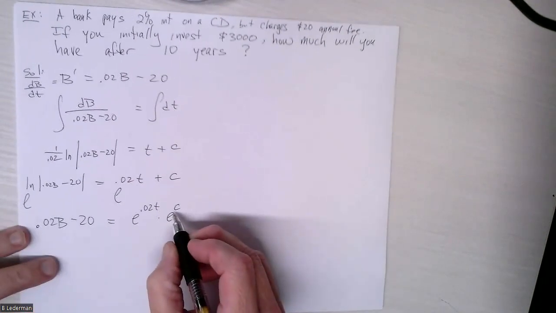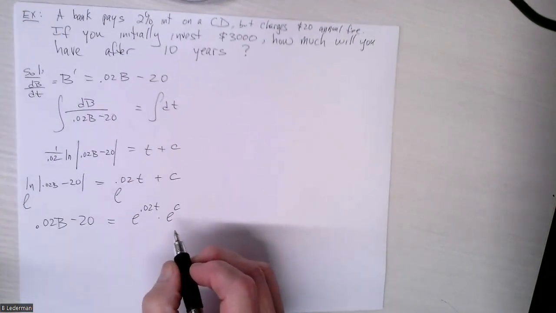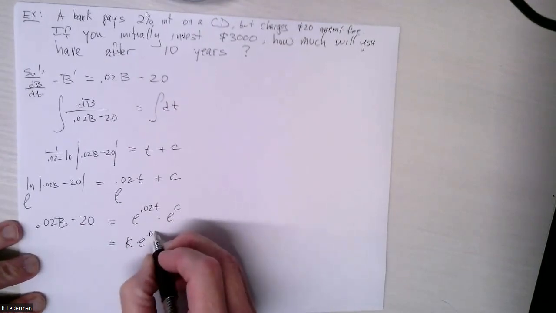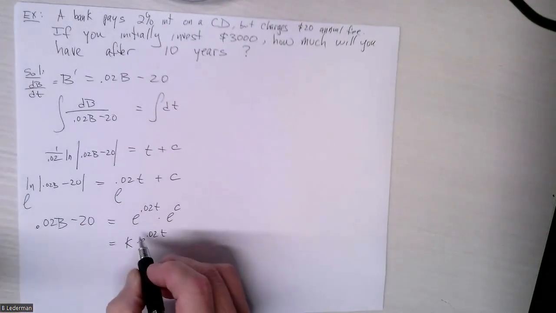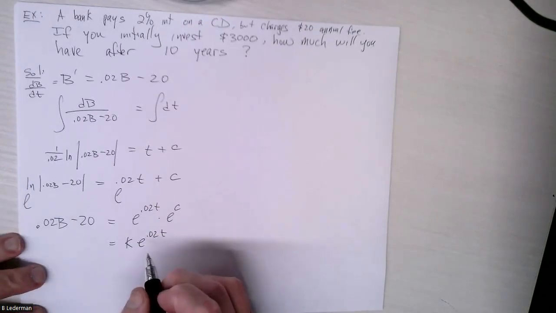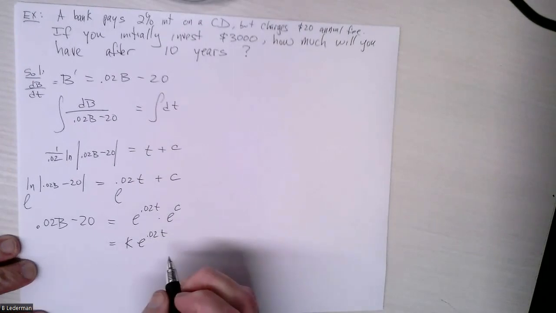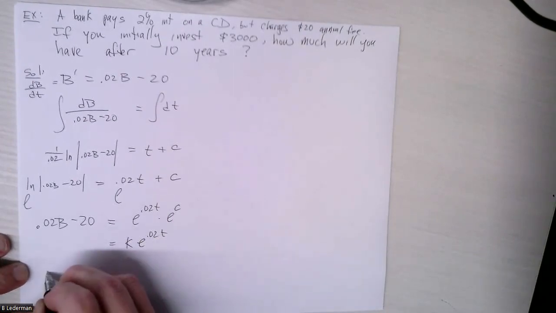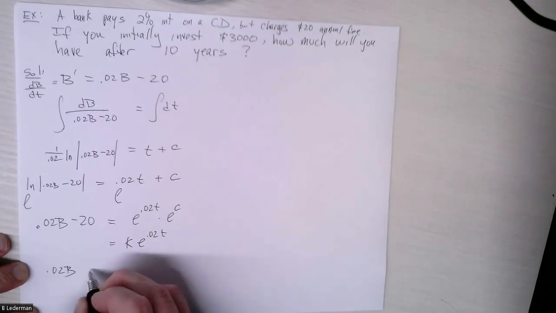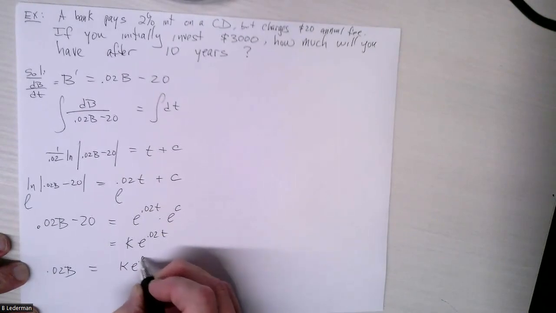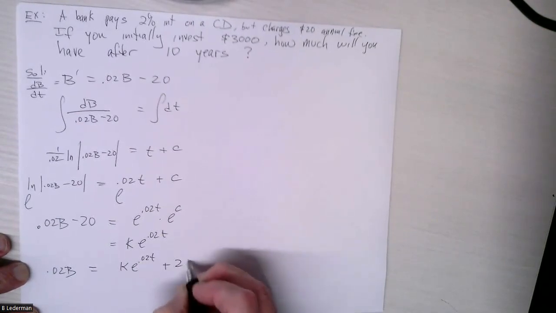But I'm just going to call e to the c, I'm just going to call it k. I said I changed the name of the variable, so it makes you happy. And now again, I'm going to add 20 to each side. 0.02b equals k times e to the 0.02t plus 20.